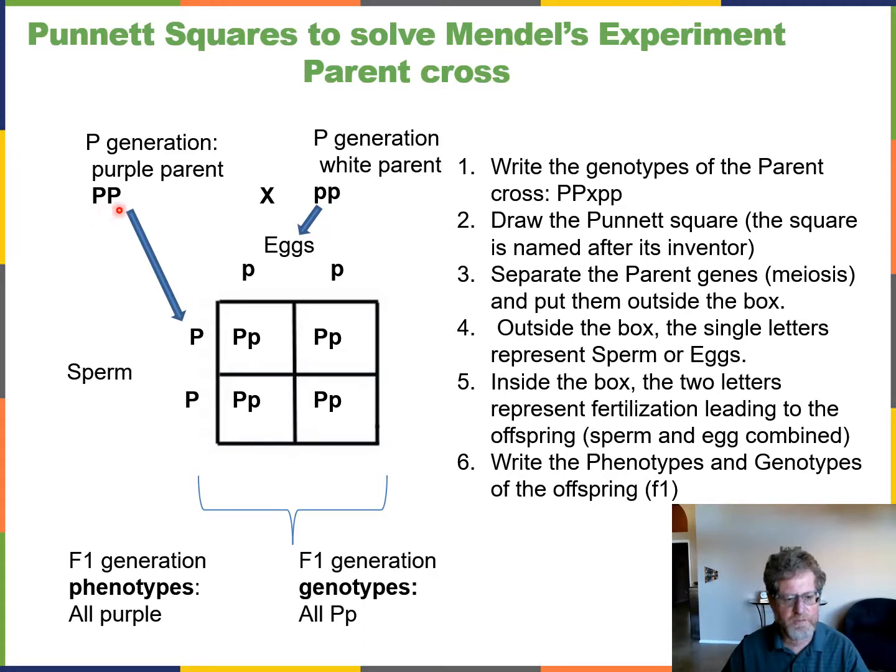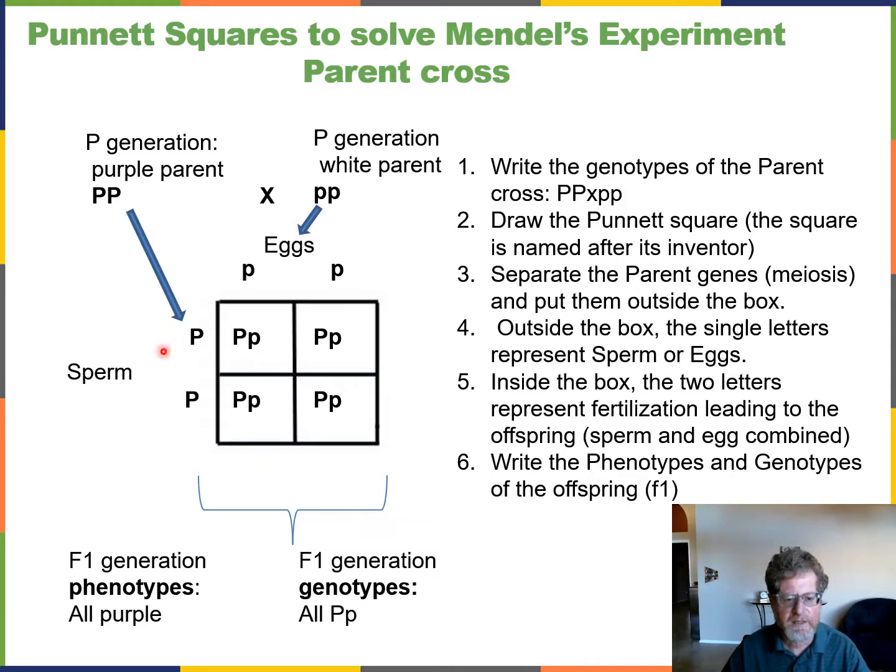So when sperm form, the big P's separate, and so on the outside of the box, we draw a square box and 2 lines across. On the outside, the single letters represent the sperm. Up here, these single letters from this parent separate and they represent the eggs. Doesn't really matter which side you put the eggs on, which side you put the sperms on.